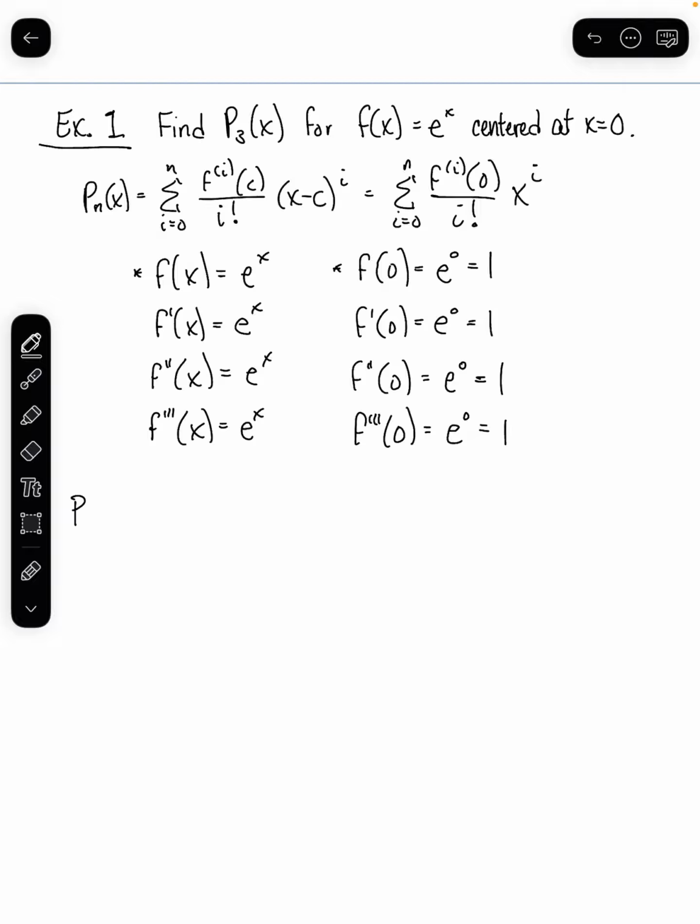So what we have then is that p sub 3 of x is going to be equal to the 0th order derivative over 0 factorial times x to the 0, plus the first order derivative at 0 over 1 factorial times x to the first, plus the second order derivative at 0 over 2 factorial times x to the second, plus the third order derivative at 0 over 3 factorial times x cubed.